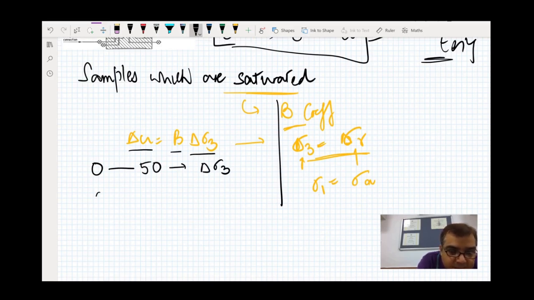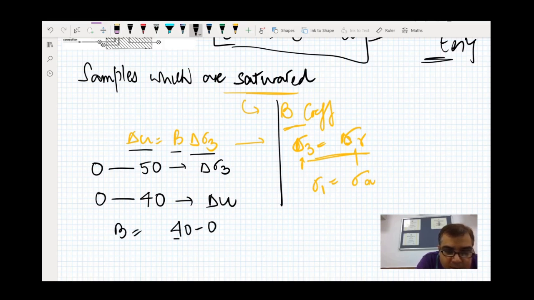My delta U initially was 0. Maybe it jacked up to, let's say, 40 kPa. So that's the delta U. So I get my B value as 40 minus 0 over 50 minus 0. So that's 0.8.